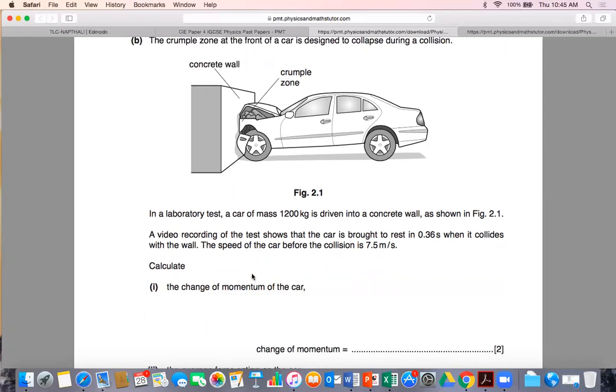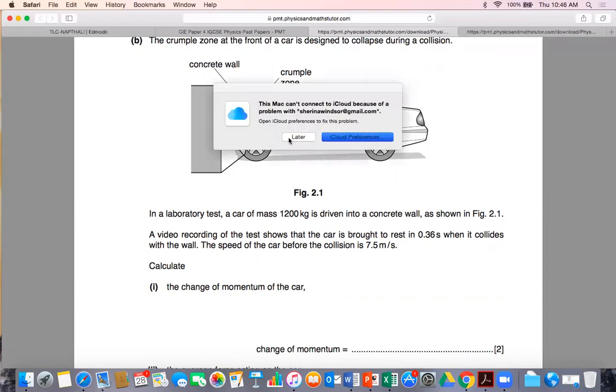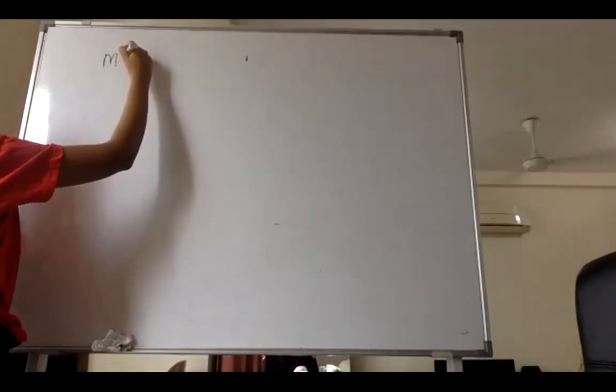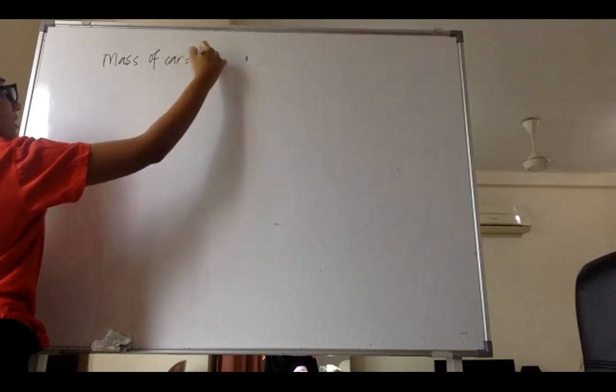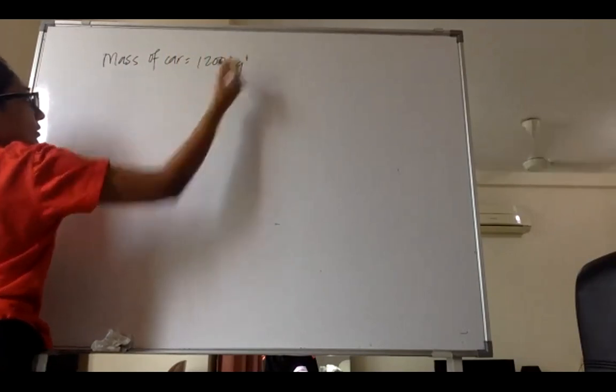Let's write down what we know first. What information do we have? I'm going to switch this to the whiteboard again. The mass of the car is 1,200 kg. What else do we know?